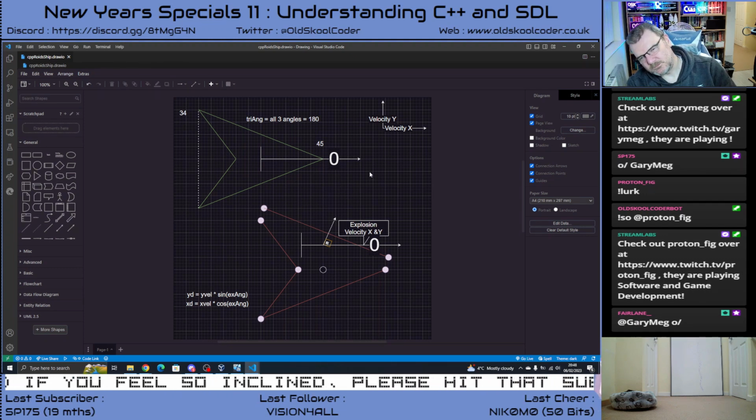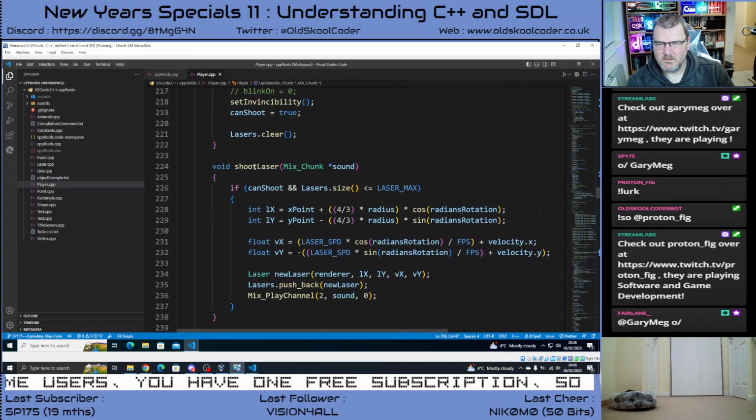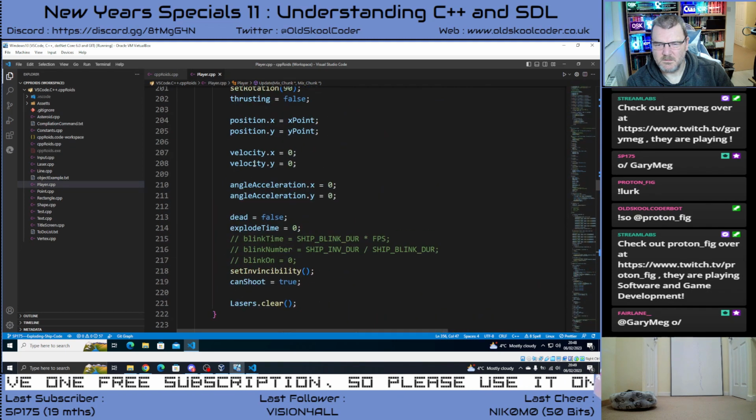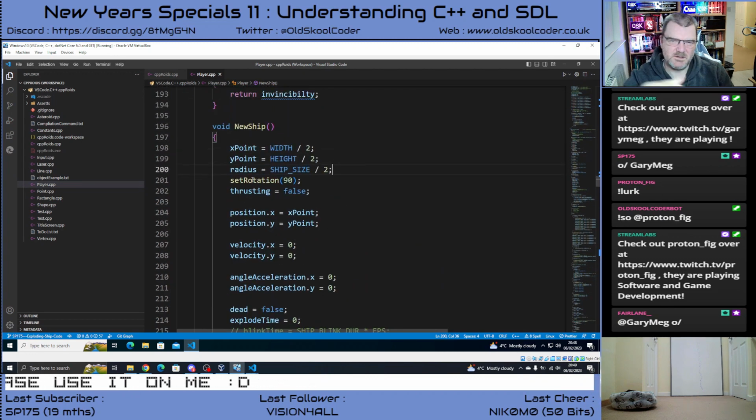I mean, we can test that theory out. Because when we set the new ship, we set it to a 90, which is that way.